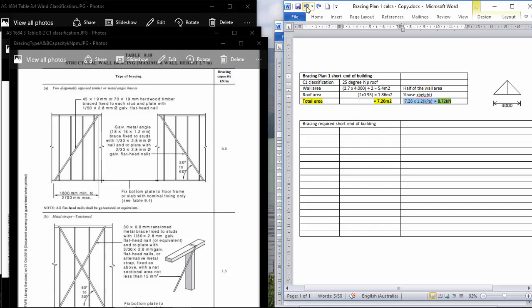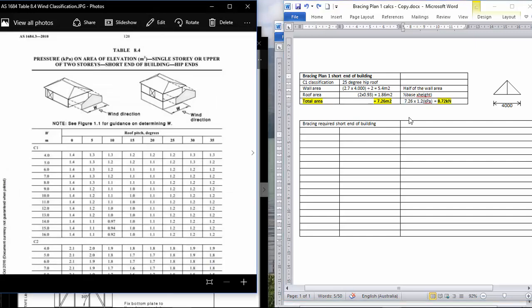And when we do 7.26, we then look over to our table. We had a C1 classification. We had a wall length of 4 meters, and it was 25 degrees. Okay, so that gave us 1.2 multiplying factor.